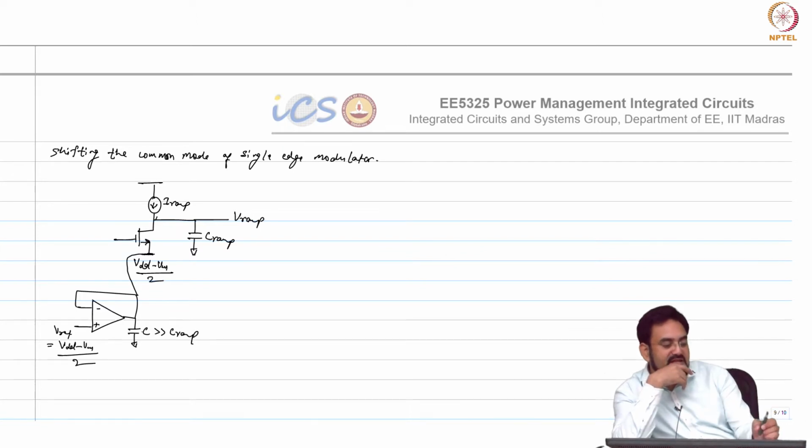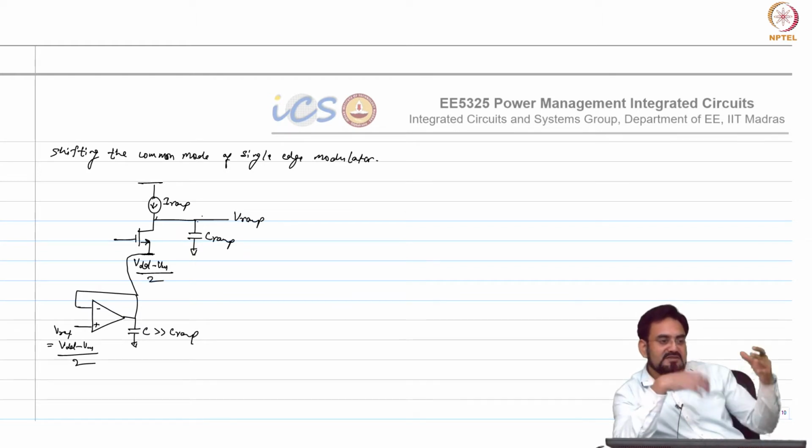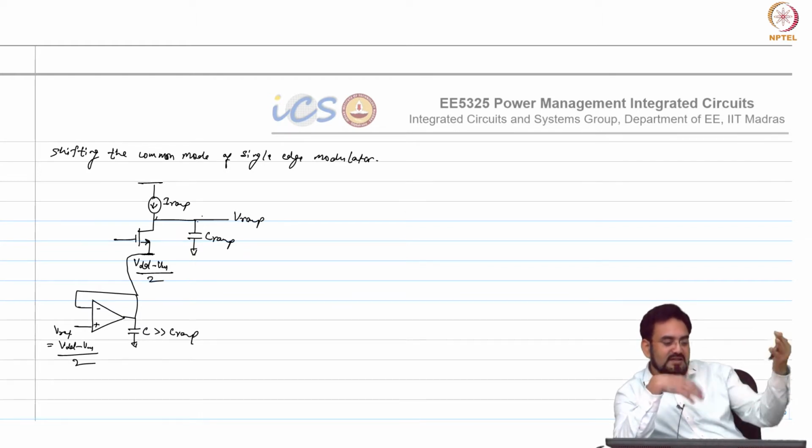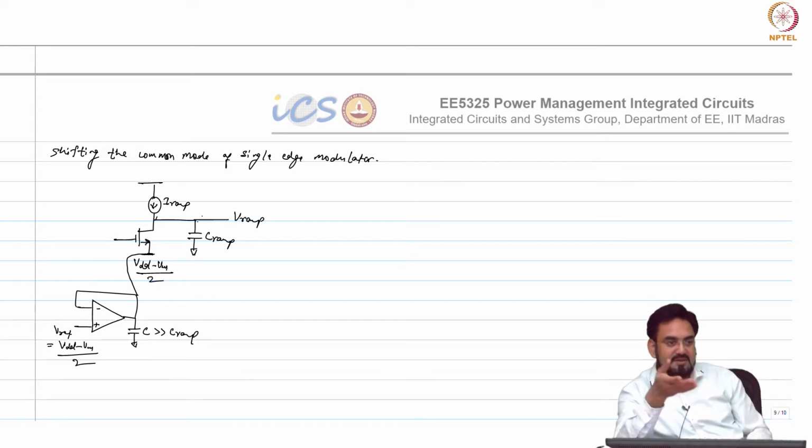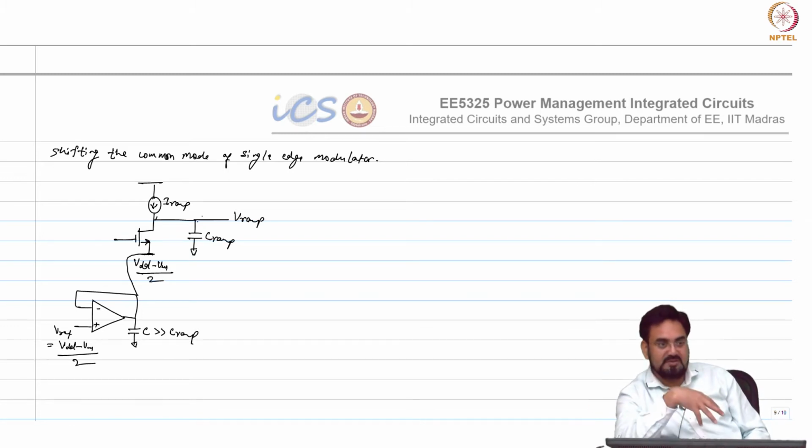Because if this capacitor is large, only then it can bring the voltage of the other cap to its level. Otherwise, if it is small, then it may not discharge. I mean, it may remain much higher. So, it should be a stronger cap. It is just charge balancing that is happening. So, it has to draw all the charge from the smaller cap, which means this capacitor should be large enough.